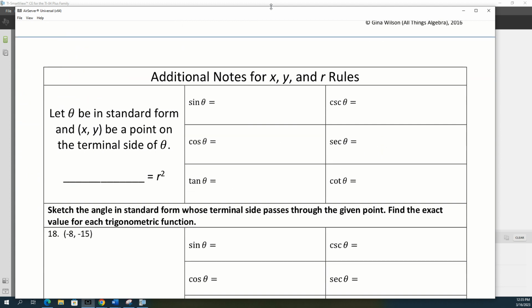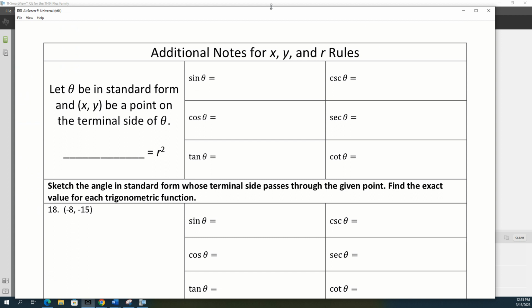All right, and this additional sheet is nothing new. It's the same stuff we just said. I just wanted you to have more examples and more to practice. So same thing, we have theta in standard form, x, y is a point on theta, and if I want to find r, we do x squared plus y squared is r squared. And then I can just use x, y, and r to find all my trig ratios.